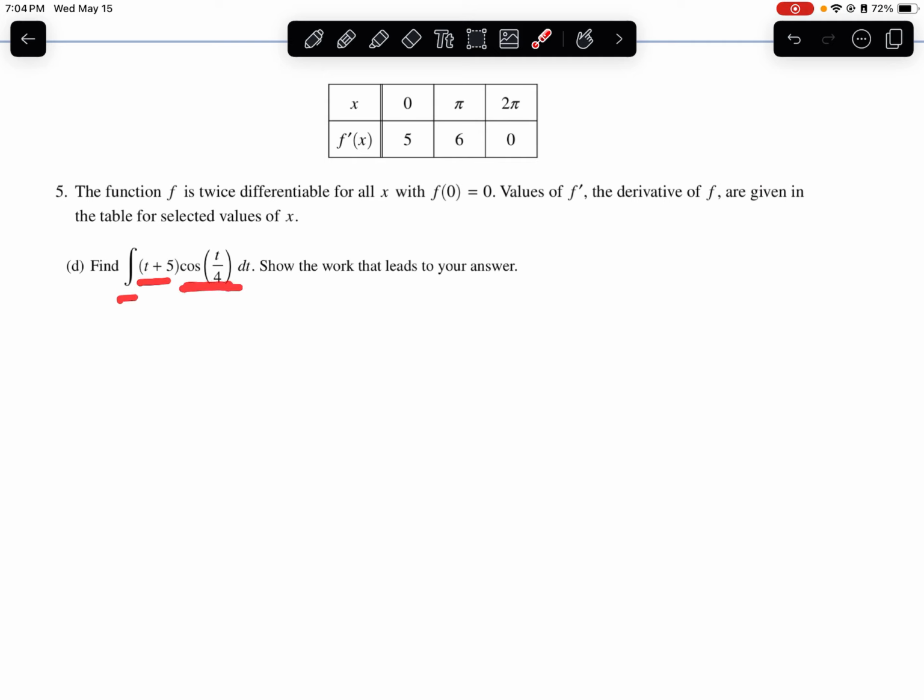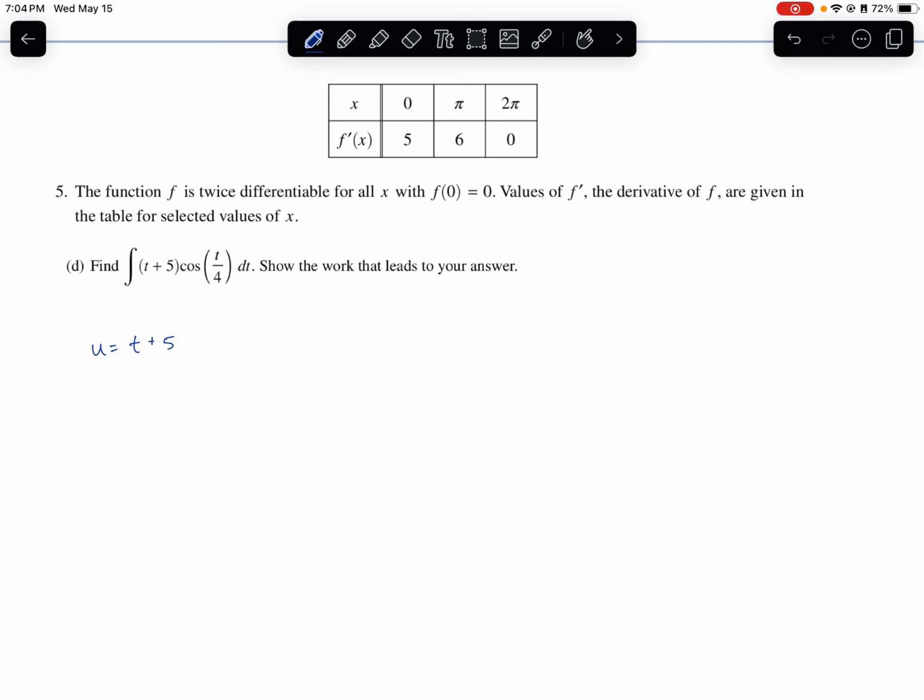I see two different functions of t right here, and this is a linear function. This is a trig function, of course, with cosine. I think that's screaming integration by parts. So I'm going to let u be equal to t plus 5.